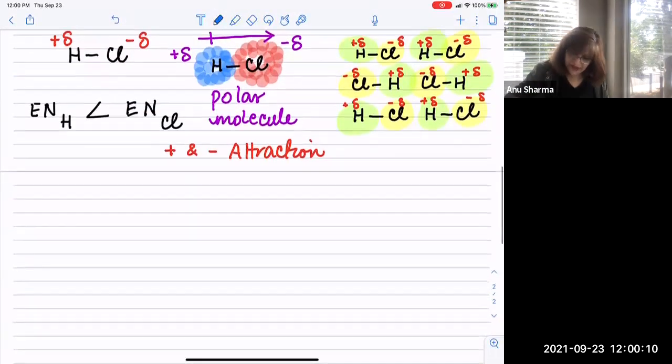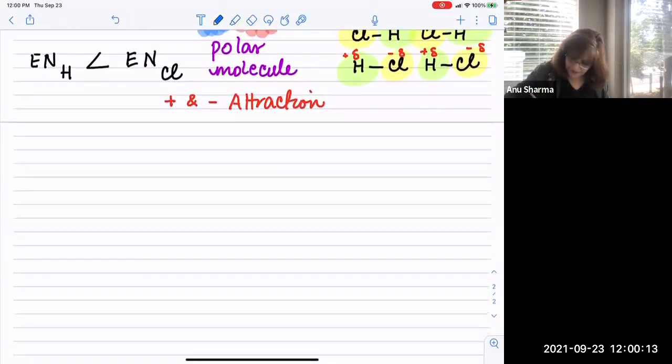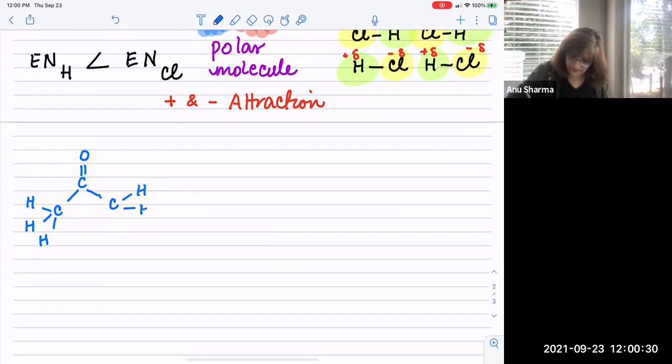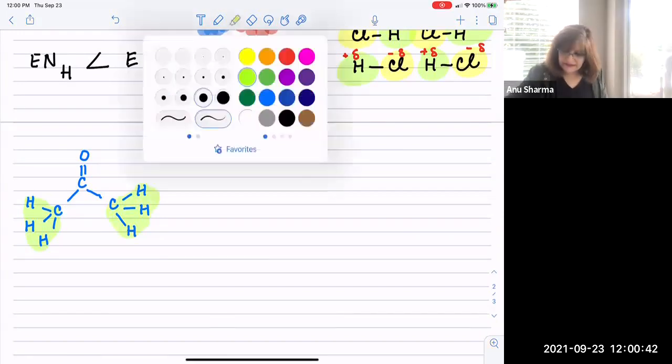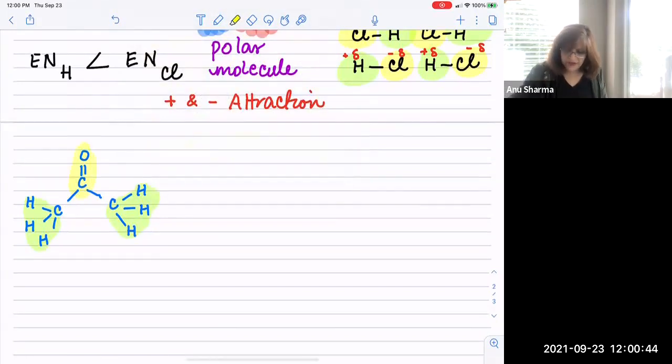For example, you have carbon, double bond oxygen, and this is the CH3, and CH3. Keep in mind that this side is a non-polar site, whereas this side is the polar site. Why?